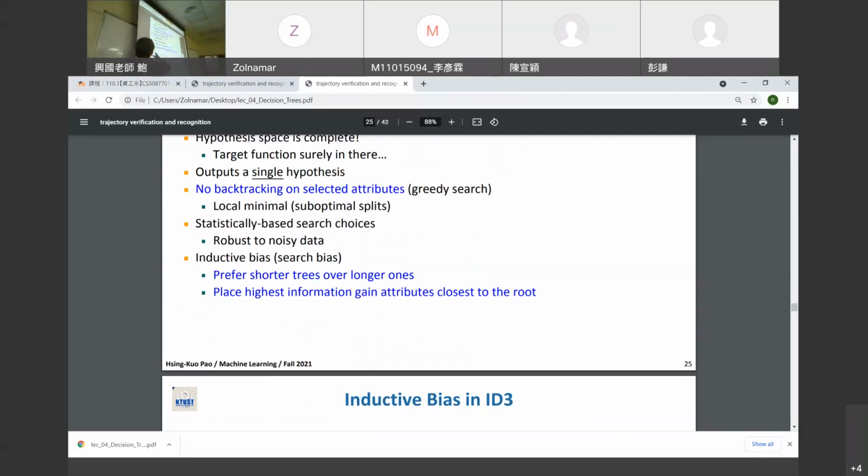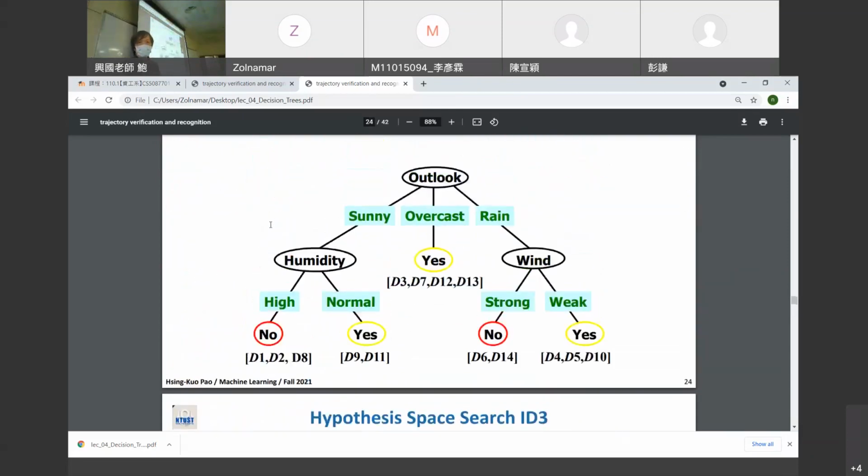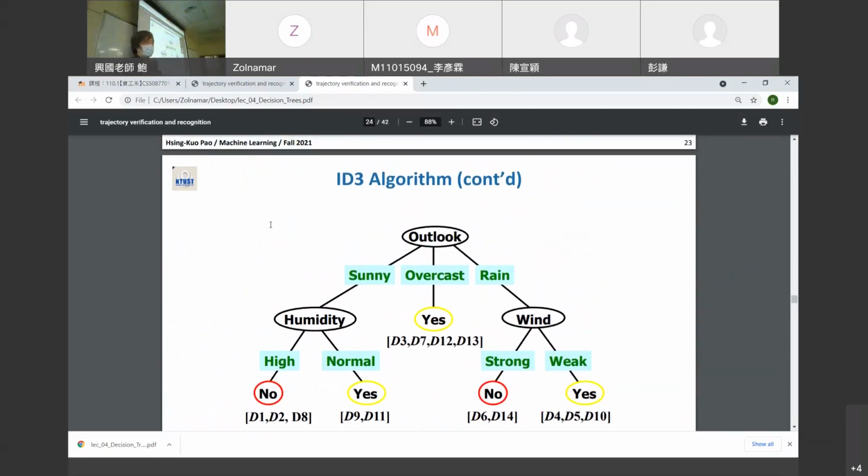But here, statistically, we don't have to make sure that, for instance, if we come to some region and the majority belongs to negative, then we just say negative, right? Because we don't have to say it has to be 100% negative. So statistically, we can say it's robust, right?